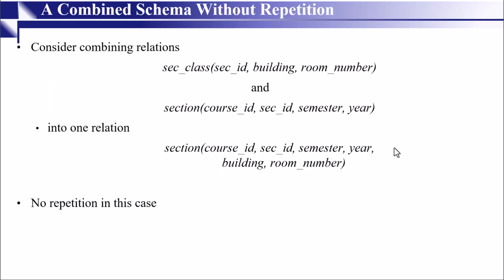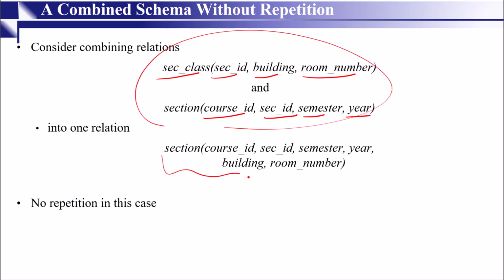Contrast that with a better approach. Consider combining two relations like section and classroom, where we have building and room number in one, and in section we have course ID, section ID, semester, and year. So we bring these two together: section has course ID, section ID, semester, year, building, and room number.